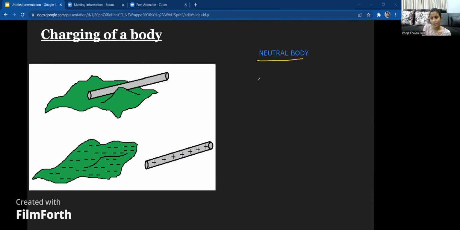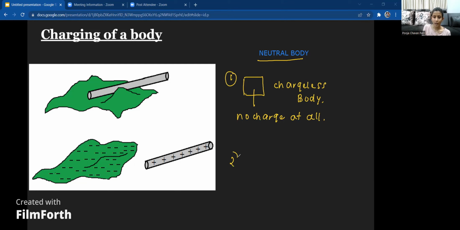Suppose we have one body like this, it can be called neutral if it has no charge at all, which means it is a chargeless body, then we can say that this is a neutral body.